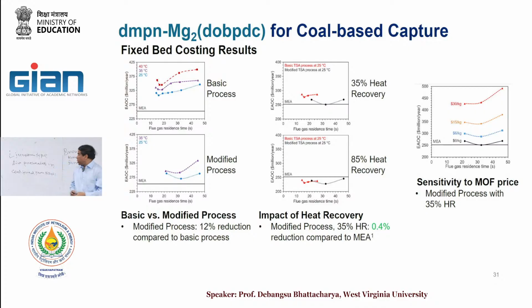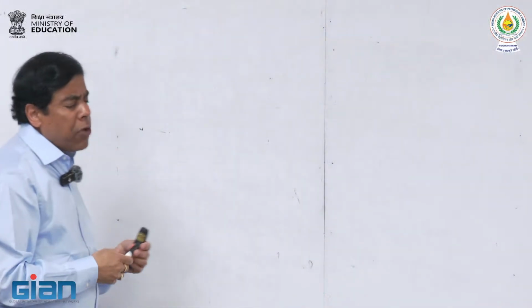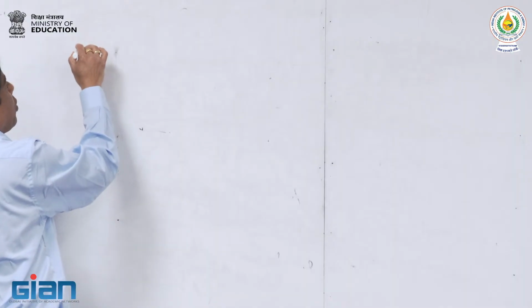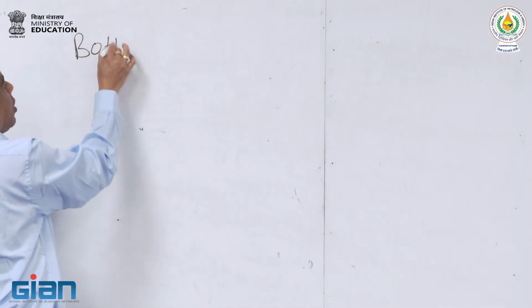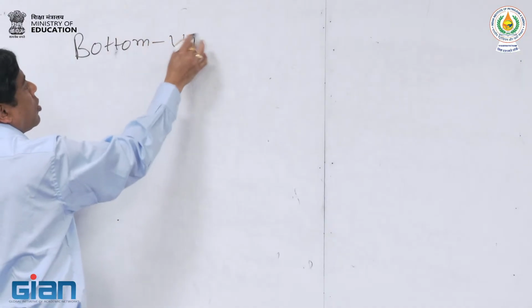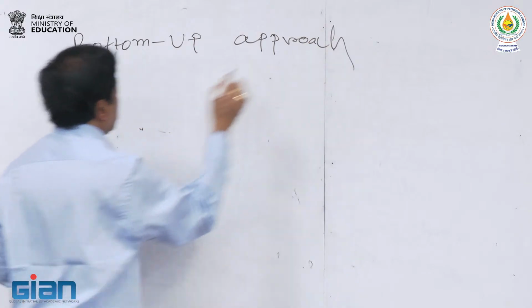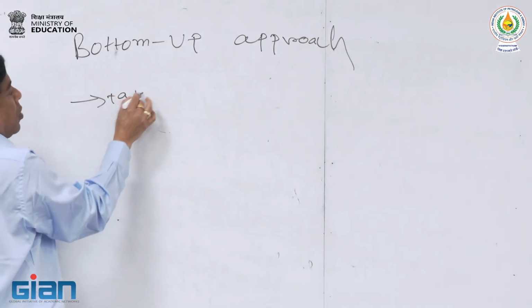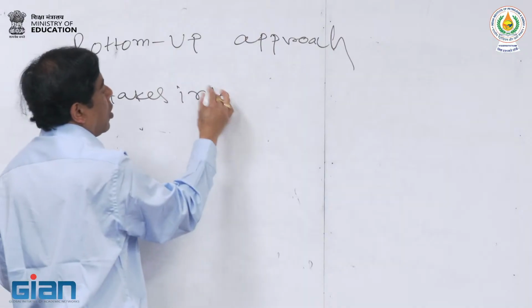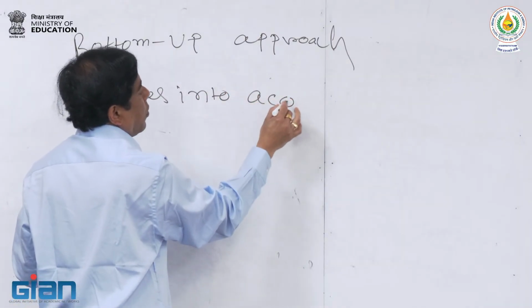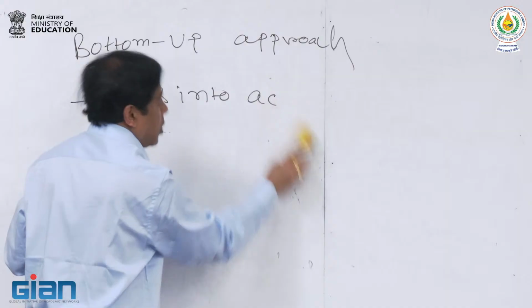Based on this functionalized metal organic framework, we did a bunch of analysis. One of the analyses you can do, if you're not familiar with this approach, we can talk about that, is called the bottom-up approach.